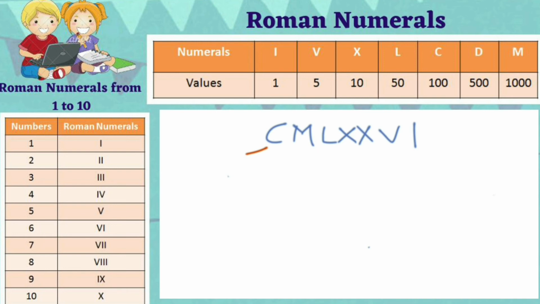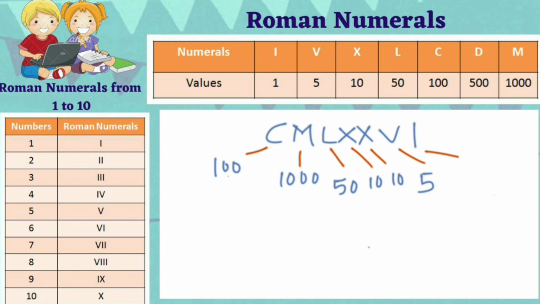C is standing for number 100, M is for 1000, L is for 50, X is for 10, V is for 5 and I is for 1. Okay, fine. Now we will look at the numbers.